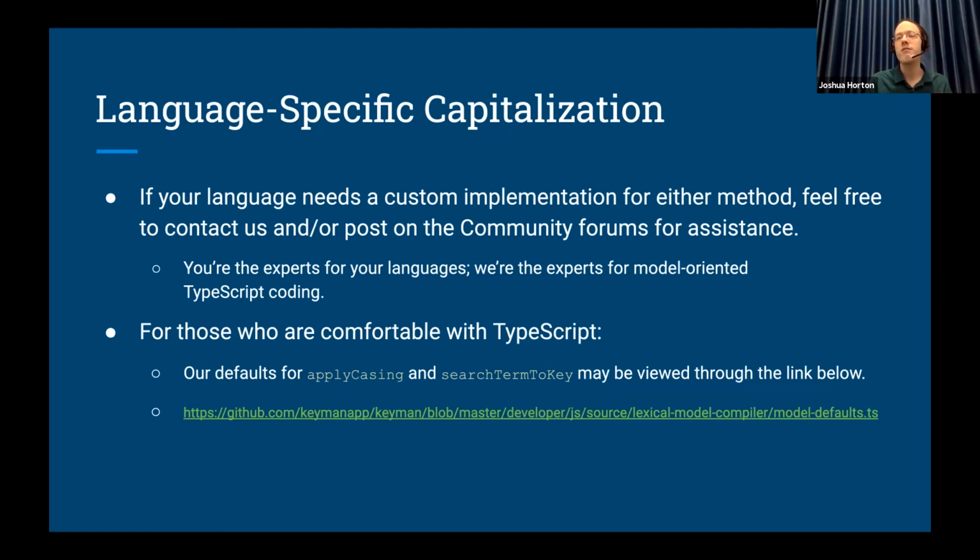Now, if it turns out you are a coder and you're perfectly comfortable with Typescript, and you aren't going to need help, well, that would be wonderful to hear. If you are curious about exactly what our defaults are, I've provided a link here to the file that defines our default handling for these two functions. So you can see exactly how it works.